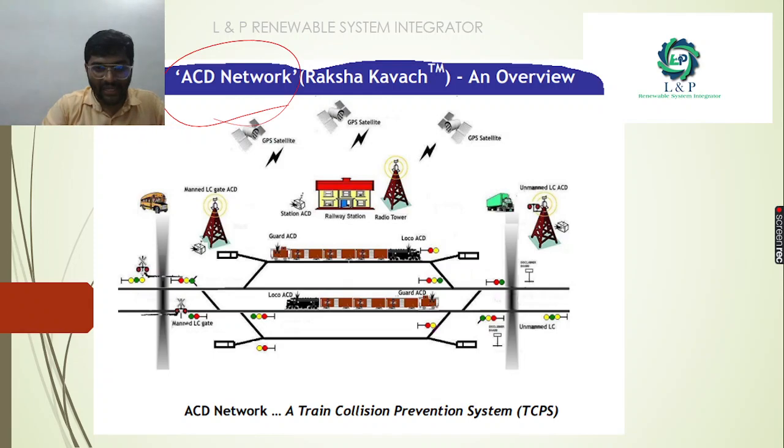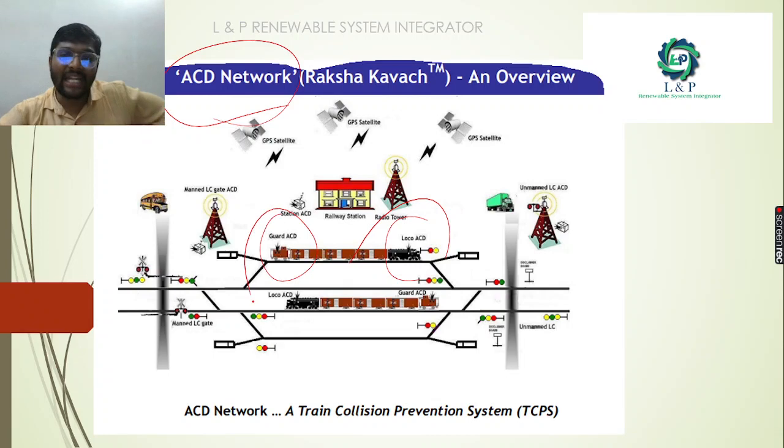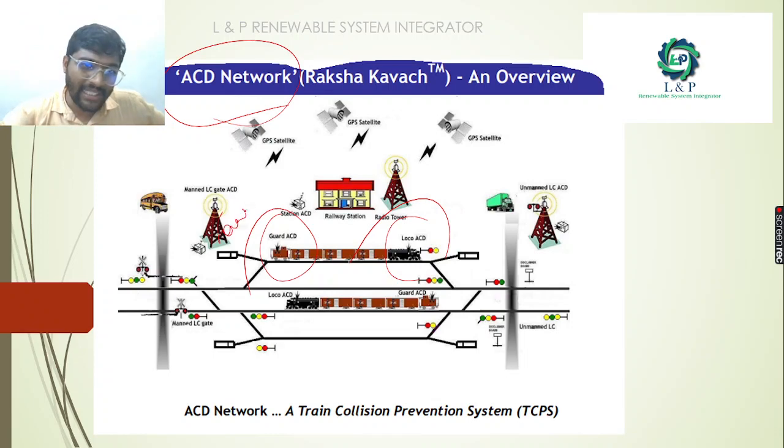As you can see here, we have a Loco anti-collision device inside the Loco, and with the guard also we have an anti-collision device, okay. And as you can see here, we have a tower gate, okay.